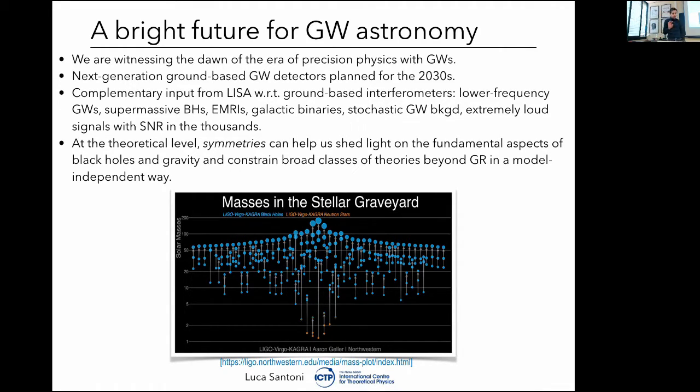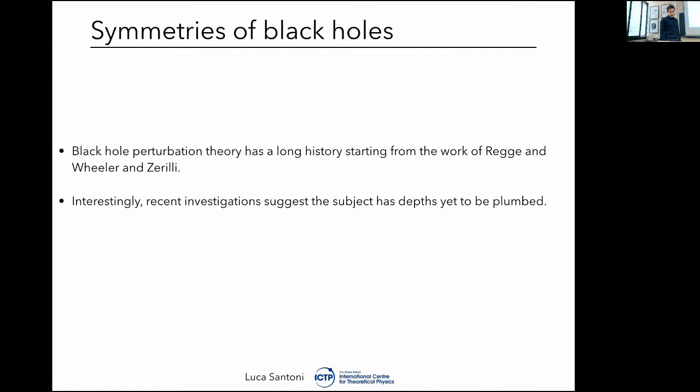But the point that I want to focus on today is that I believe that symmetries at the theoretical level can really help us shed light on the fundamental aspects of gravity and black holes in particular, and also constrain broad classes of theories beyond general relativity in a model-independent way.